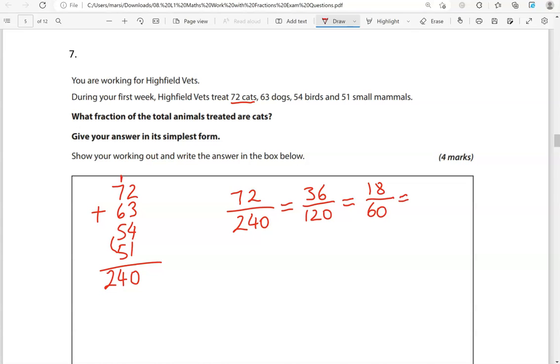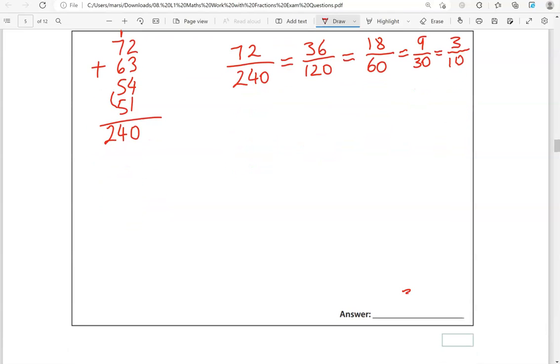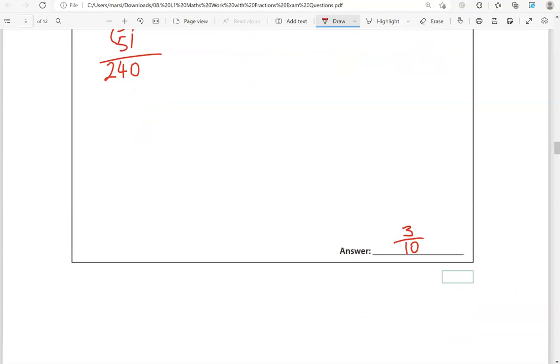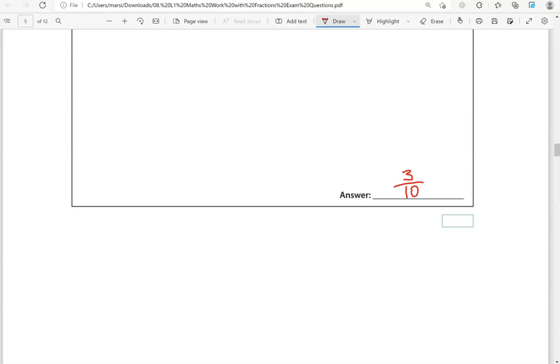Again, I can divide by 2, and this is 9, and that's 30. Now I can divide by 3, and I'll get 3 here, and 10 at the bottom, so 3/10. We can't go any further, because we can't divide 10 by 3 and get a whole number.